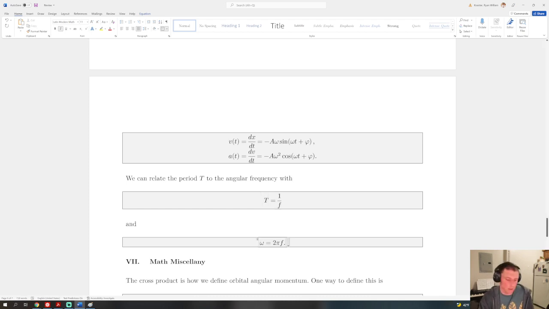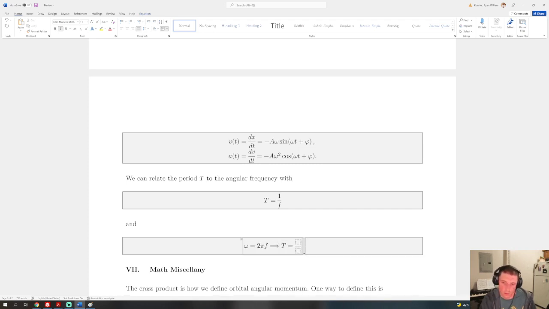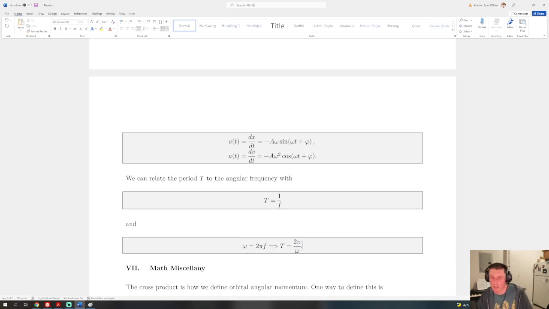And if I'm not mistaken, right, somebody check my algebra here, because I would feel bad about lying to 70 of you and maybe even more who are going to watch the recording later. Okay, so f is omega over 2 pi, therefore 1/f is 2 pi over omega, right? And so we should be able to write that T equals 2 pi over omega if we need this. But check my algebra because honestly, I cannot be trusted to do math, right? I think we all know this by now.